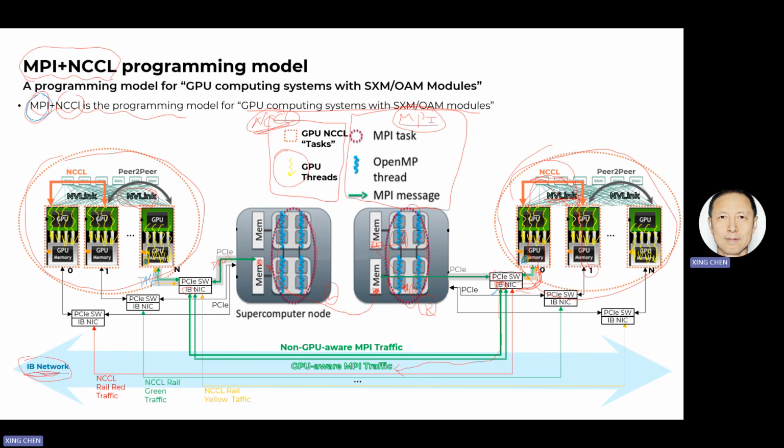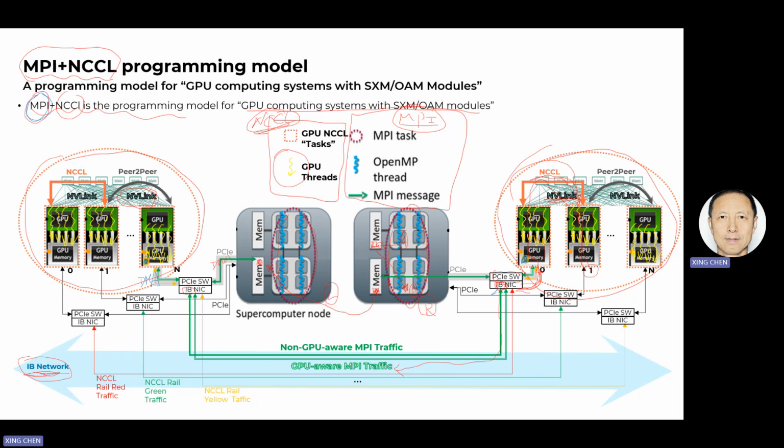MPI is taking care of the communication between the MPI tasks. NCCL is taking care of the communication between the GPUs, between the NCCL tasks. So it's kind of a mix of these 2 kinds of schemes, 2 kinds of libraries, 2 kinds of methods.